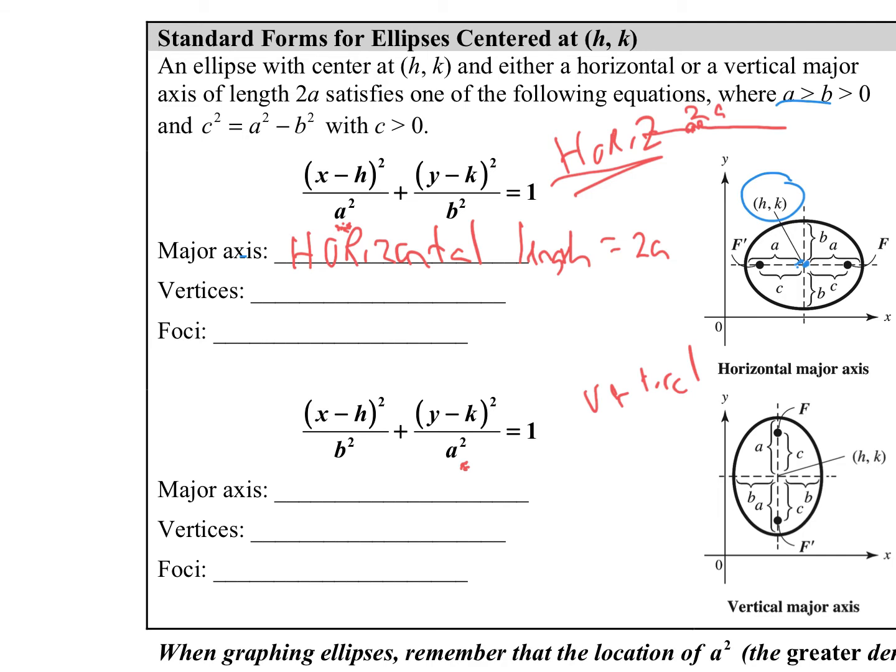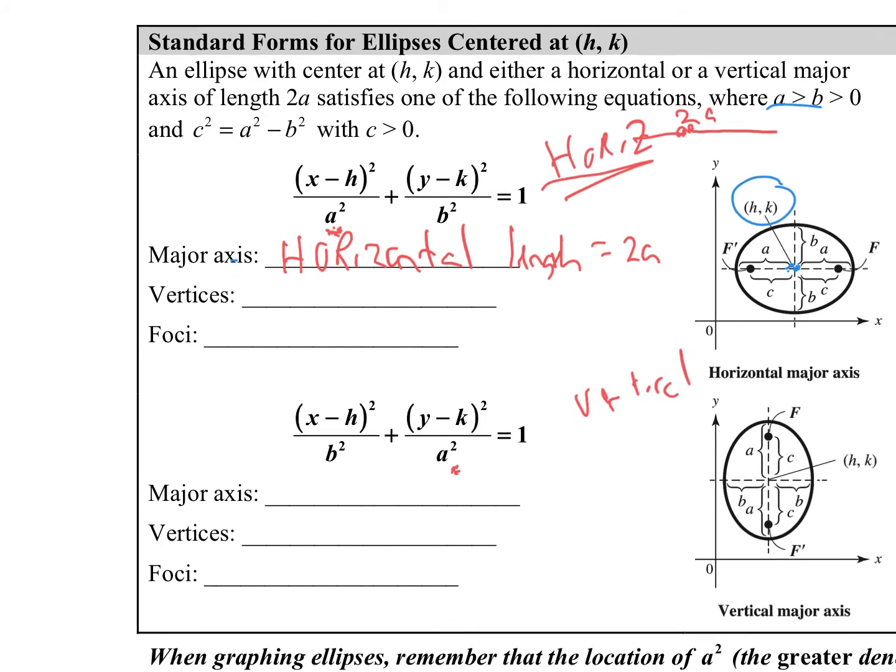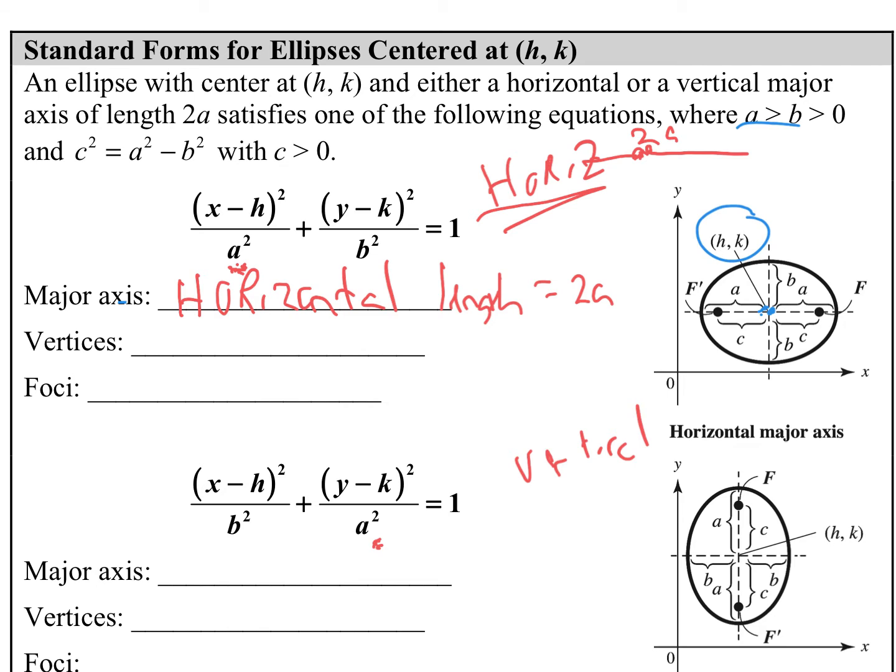Vertices on the major axis. Okay, look at this here. If it's a horizontal ellipse, you have to move h over. There's the center, h.